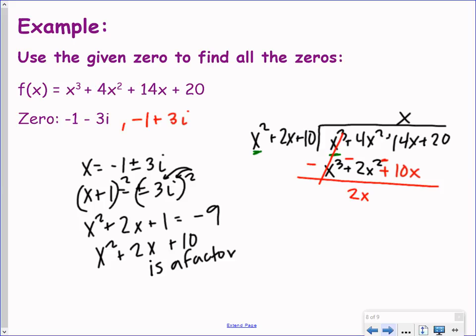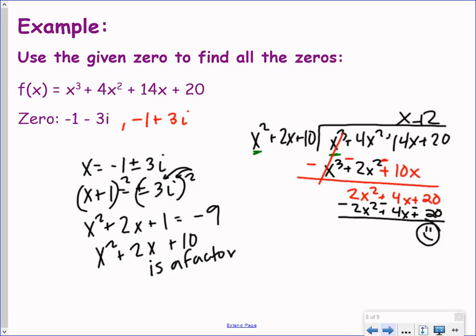I'll get 2x squared plus 4x plus 20, and then I just repeat the process. What would I have to multiply to get 2x squared? A 2. I'll put plus 2 up here. Distribute, that gets me 2x squared plus 4x plus 20. There's the 20 I wanted. And that's going to cancel out, right? When you subtract all those things, you're feeling happy.